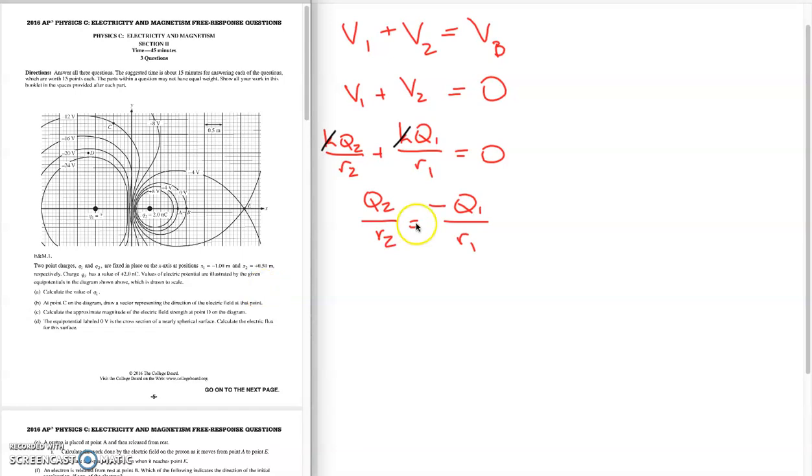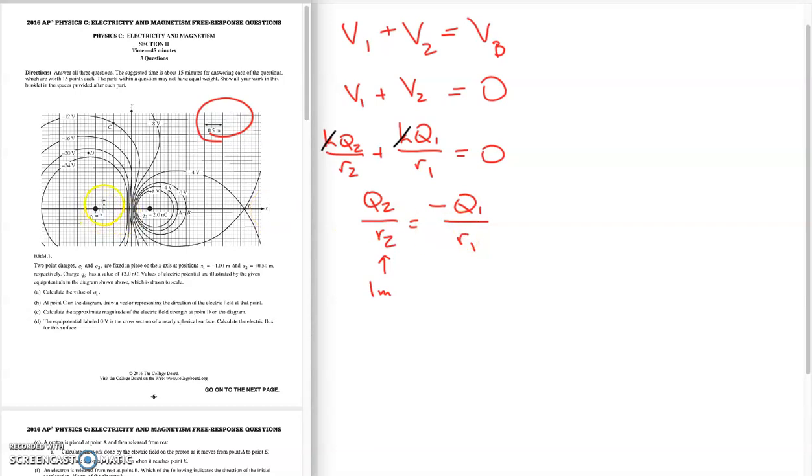Now let's figure out what R1 and R2 are based on our diagram. Our legend up here indicates that one of those dark bars is half a meter. So from Q2 over to B is 1 meter.